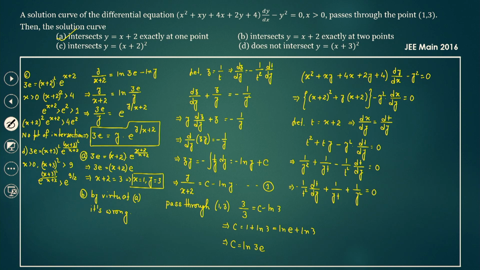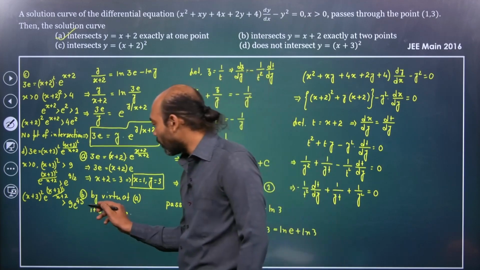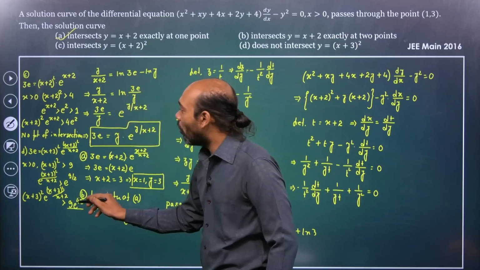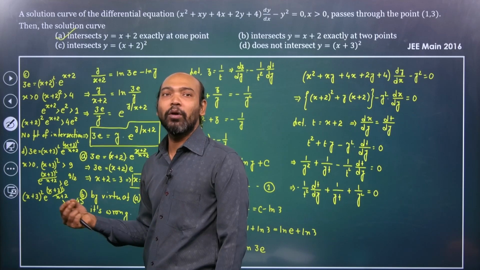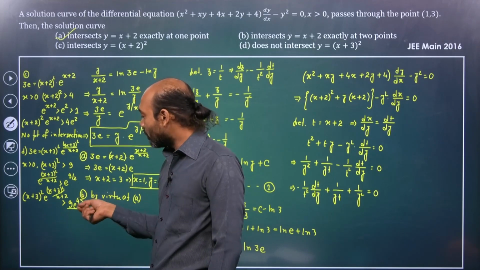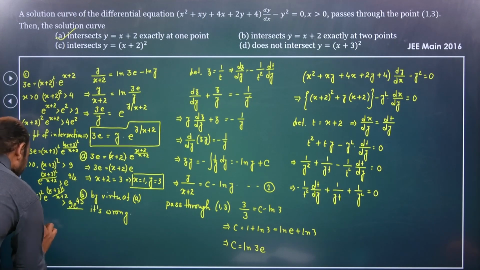So therefore the product is greater than 9 e to the power 4.5. Now also see that 9 e to the power 4.5, whatever we calculated here, is obviously greater than 3. So for this case also there is no point of intersection.